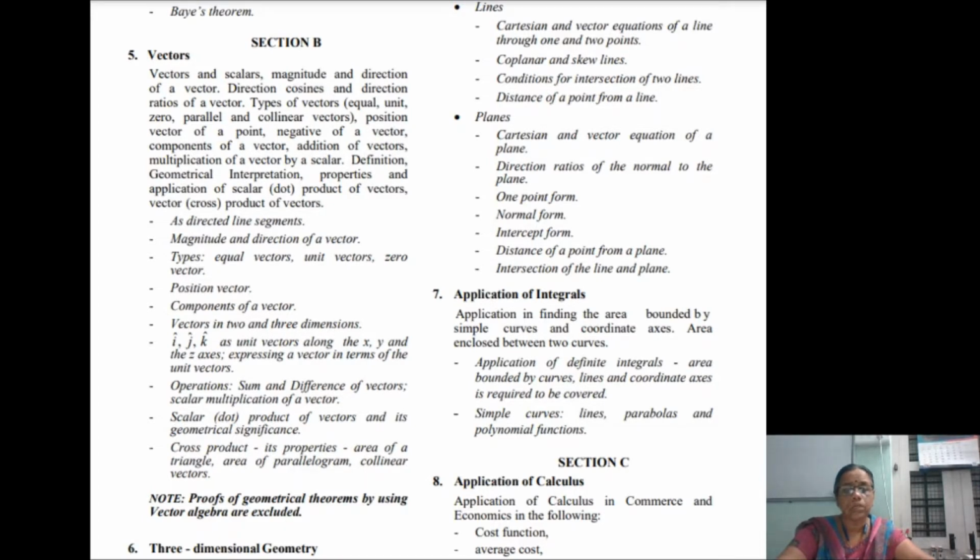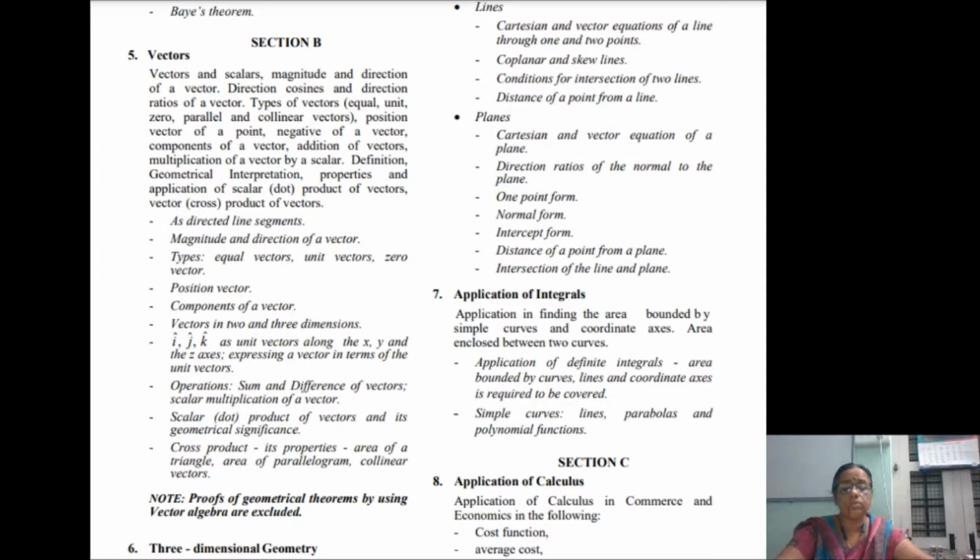We also talk about the unit vectors i, j, k taken along the x-axis, y-axis, and z-axis, and how to express a vector in terms of these unit vectors along with the components. In 2 dimensions we express it in the form xi plus yj. Similarly, in 3 dimensions we express it as xi plus yj plus zk, where x, y, z is a point considered with respect to the 3 coordinate axes.